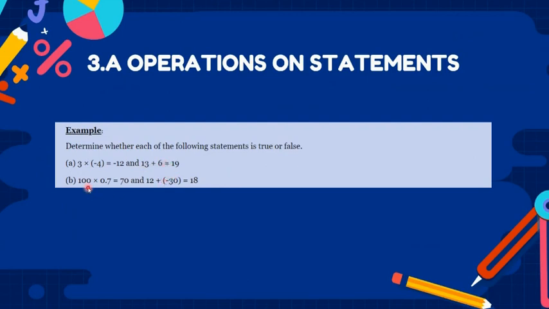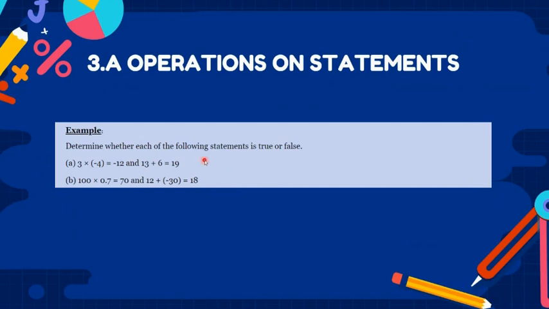Meanwhile, for B: 100 times 0.7 equals 70, and 12 plus -30 equals 8. The difference from 3B is that you have to take note of the word "and". For this question 3A, the word we're going to use is "and". Meanwhile 3B is "or".